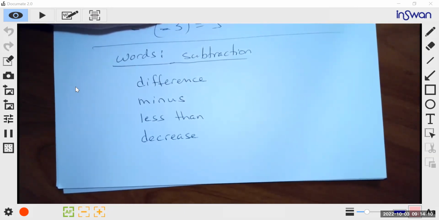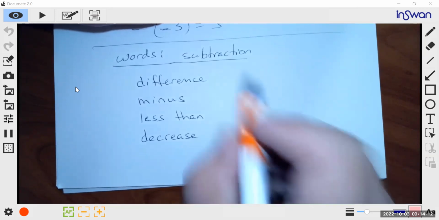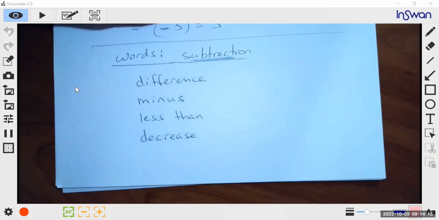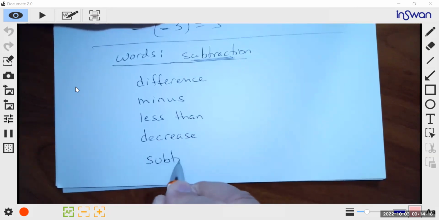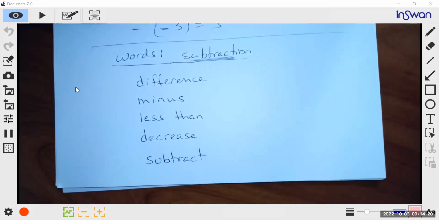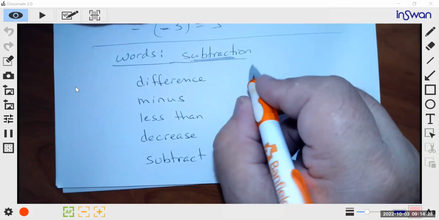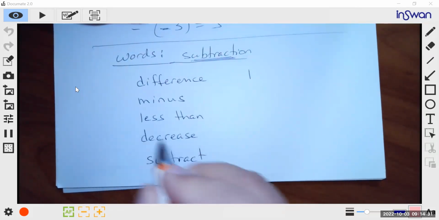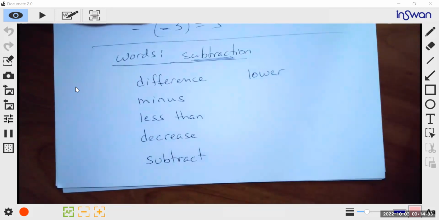What else? Subtract. We did that already. Or we say lower. Let's try to figure out one more word that means subtract.